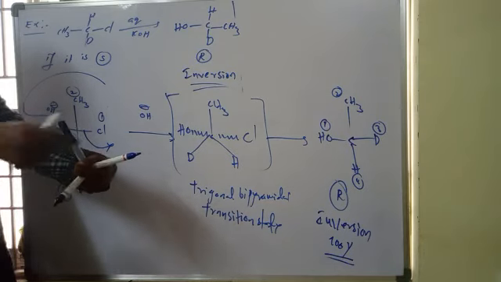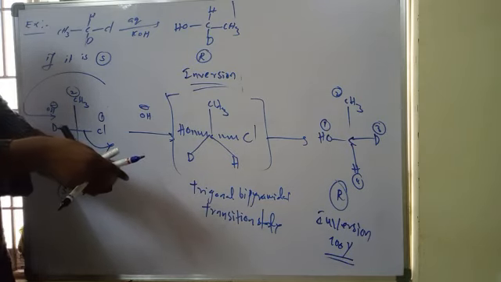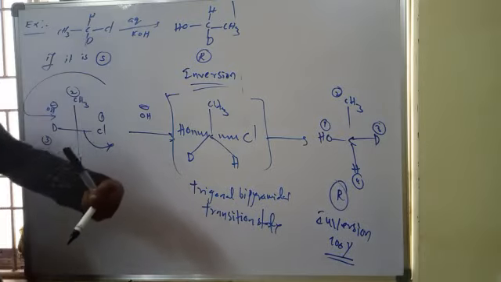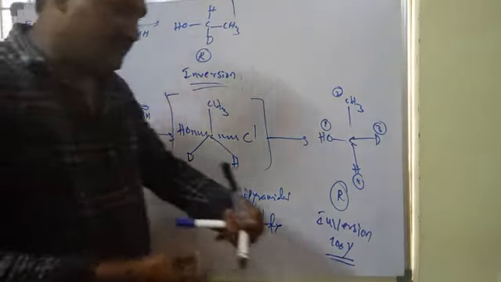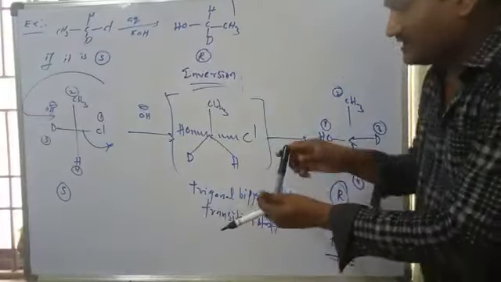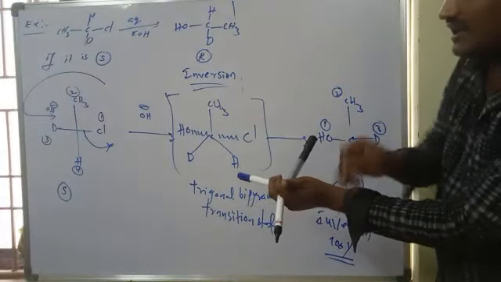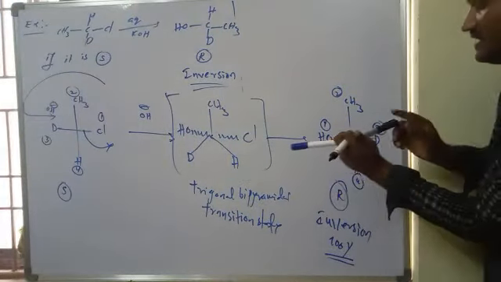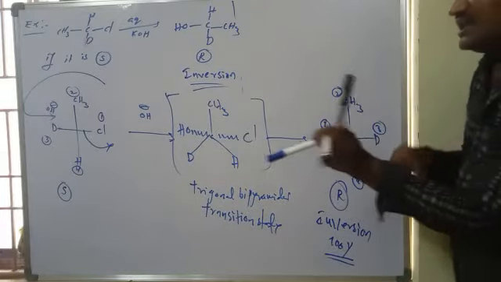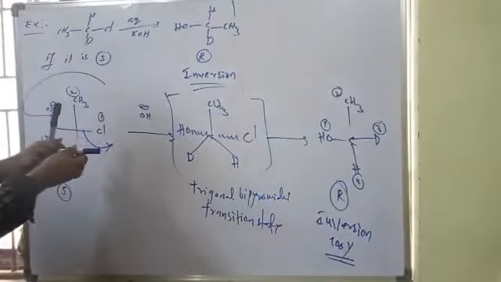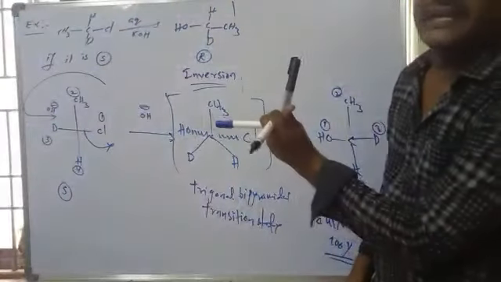So the final product, with chlorine completely eliminated and OH attached, is like this. Initially it is like this, but afterwards it becomes like this.